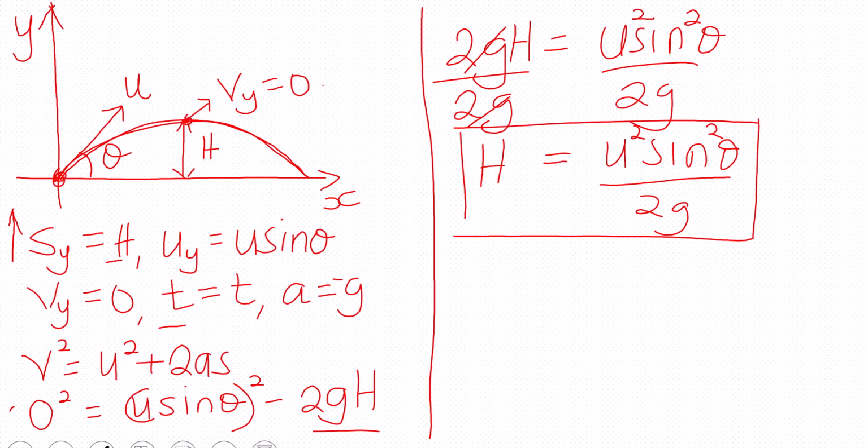Another thing we may decide to use is vertical displacement, because we know that at this point and at this point y is equal to 0, that is s in the y is equal to 0. So we can use that also to derive the equation we can use to calculate the time of flight. Let's do that.